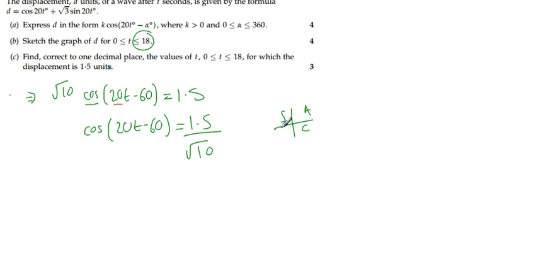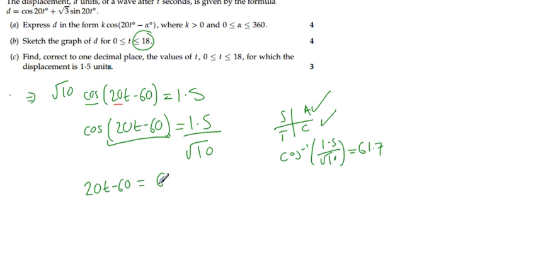We're dealing with a cos function, and it's positive, so we're going to make quadrants 1 and 4. Okay, the inverse cos of 1.5 over root 10 is equal to 61.7. So after you get rid of the cos, 20t minus 60 is equal to 61.7.